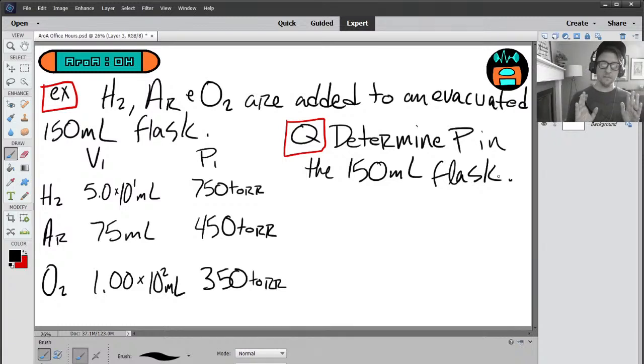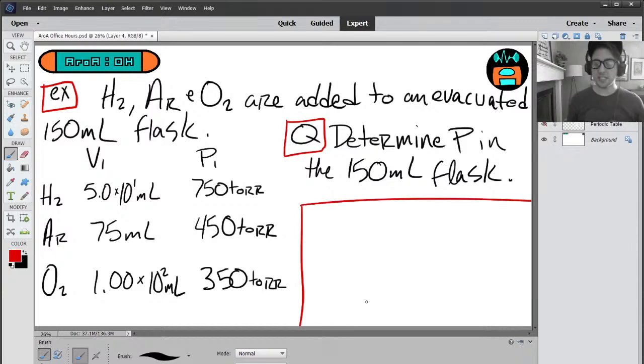This problem is primarily going to use Dalton's law of partial pressures, because we want to know the pressure in the flask, and this is going to be the total pressure.